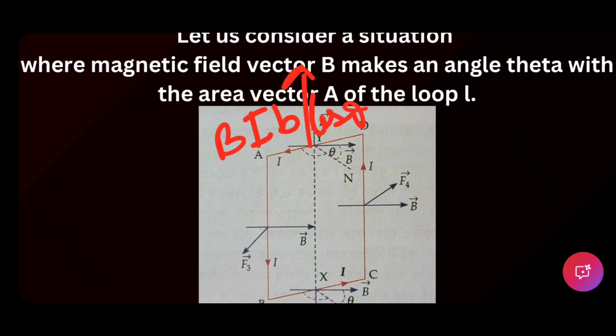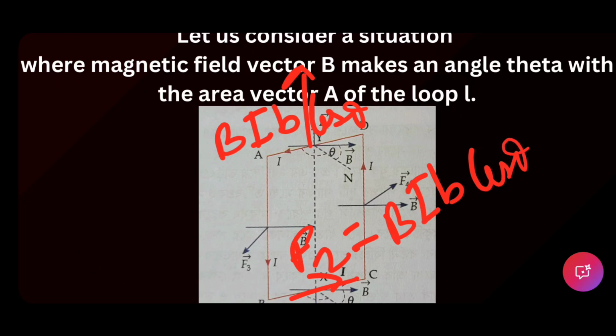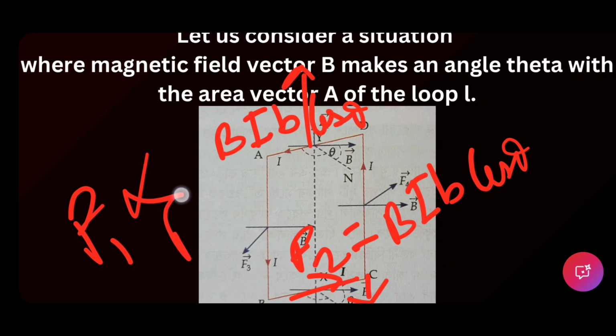Similarly, we calculate the force on BC, and this value of the force is F2, and F2 will also be B I B cos theta, but with downward direction, right? Again, for this case the forces F1 and F2 will cancel out.